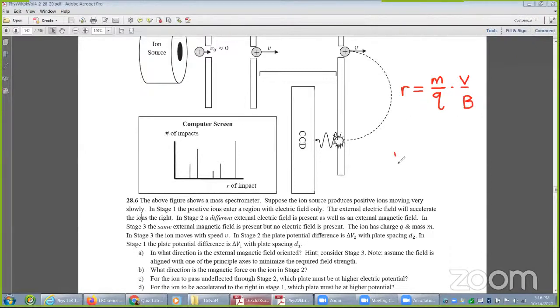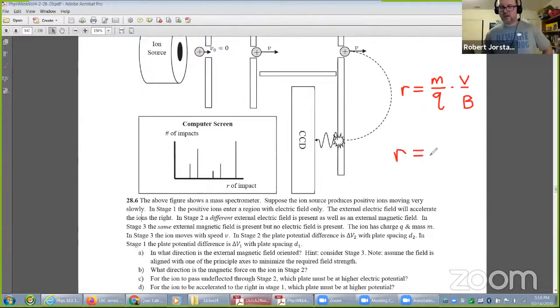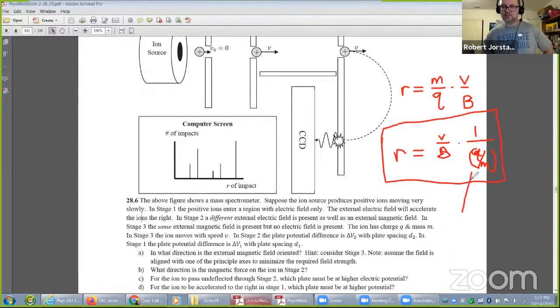Now sometimes this is actually written in this way: V over B times the quantity 1 over Q over M. If you're a physicist, you usually use the bottom method, and we say the radius depends on the charge to mass ratio.